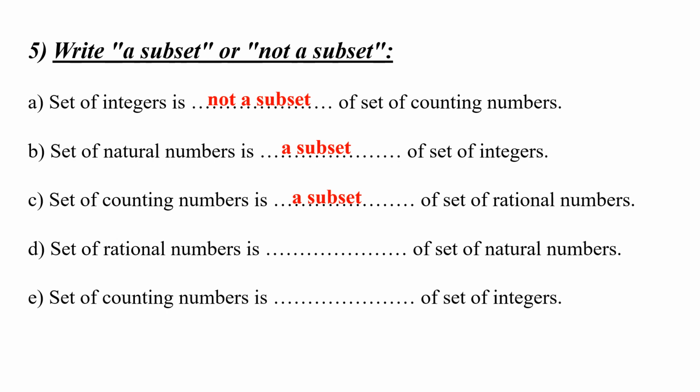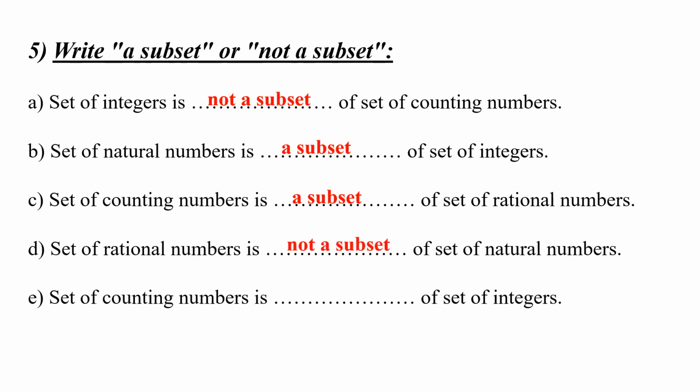Letter D, the set of rational numbers is blank of the natural numbers. Rational is the biggest one, and natural is a small set, only having 0, 1, 2, 3 and so on, so we can't put rational numbers as a part of natural.